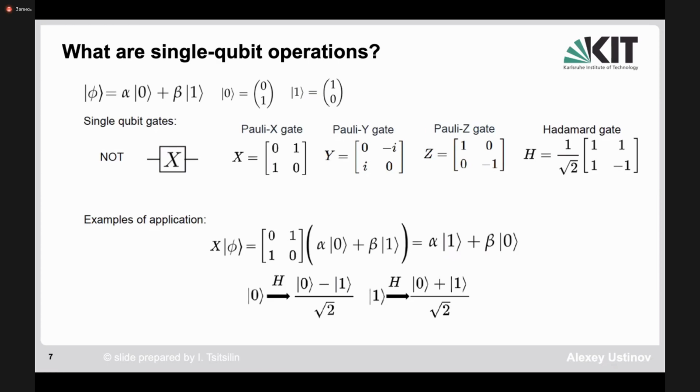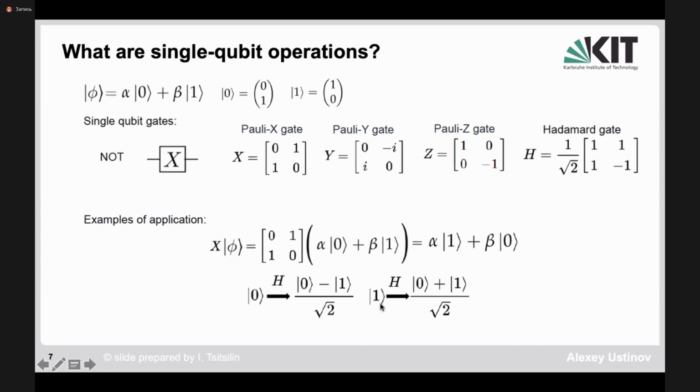Some examples are shown here, like applying the X gate. Basically, it swaps the alpha and beta coefficients in front of 0 and 1. If you apply the Hadamard gate to this state, you get the sign plus instead of minus, and so forth.